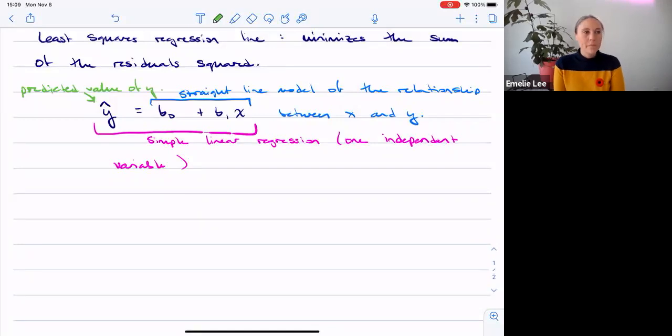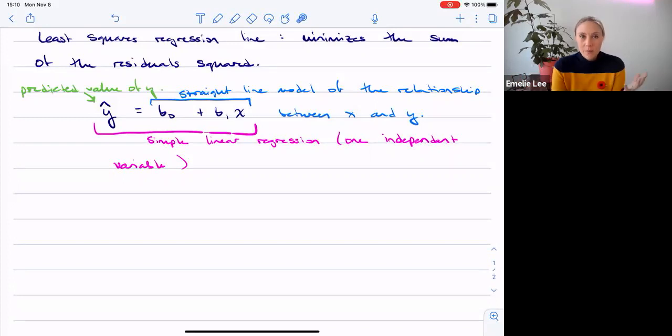Okay, good. So we're going to keep talking a little bit about the simple linear regression case, and then we're going to extend it to the multiple linear regression case, but that's really just introducing more than one X variable. So now you're going to have X1, X2, X3, X4, and so on, technically an infinite number of X's, but that'll never happen.